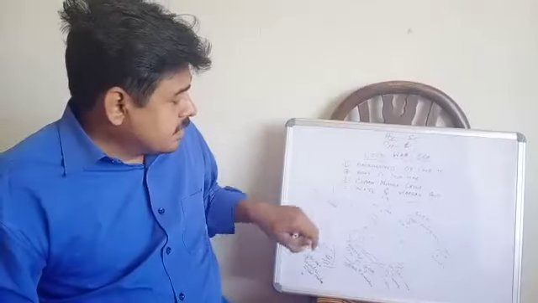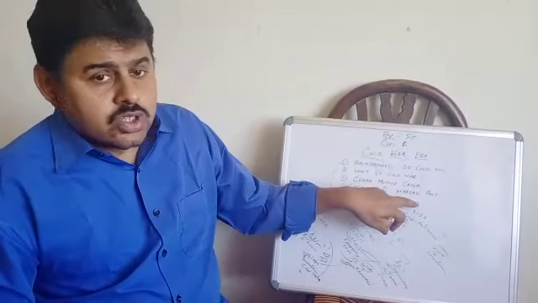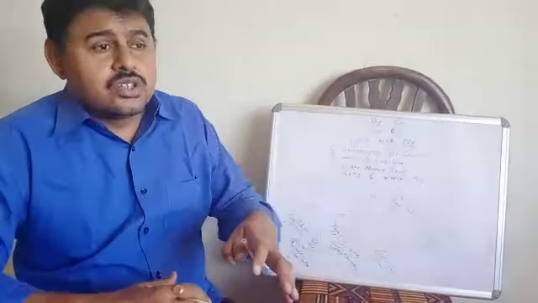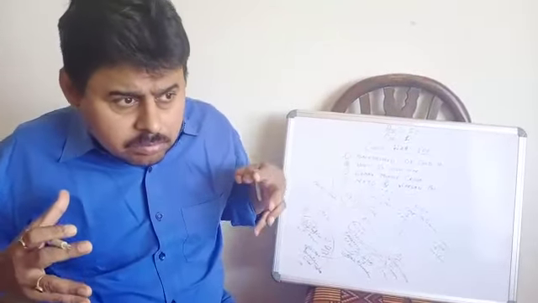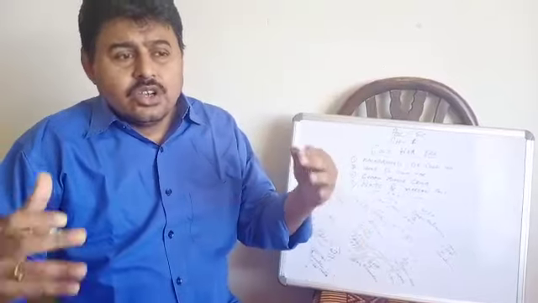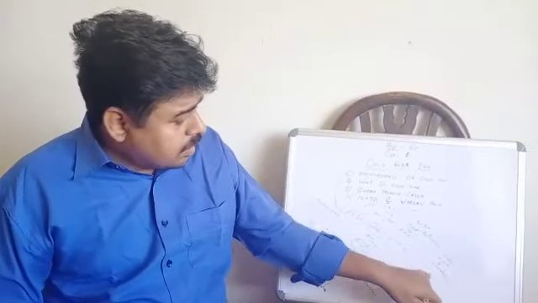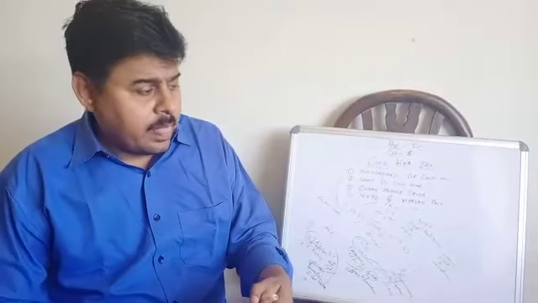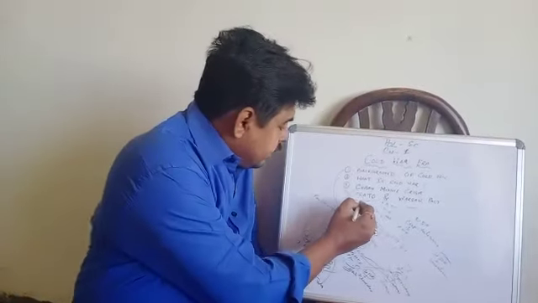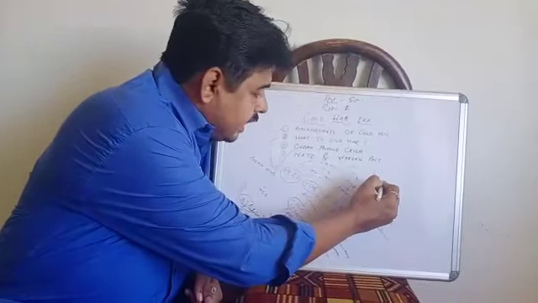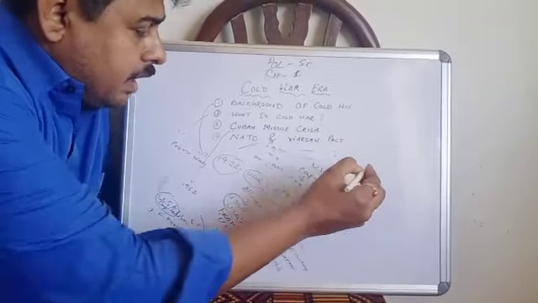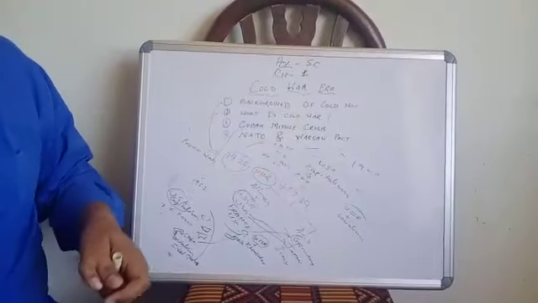Now we'll discuss the next part, NATO and Warsaw Pact. What is NATO? As I told you, USA was trying to influence different countries with their ideology. On the other hand, USSR was also trying to influence different countries with their ideology. Because of that, in the year 1949, USA formed NATO.